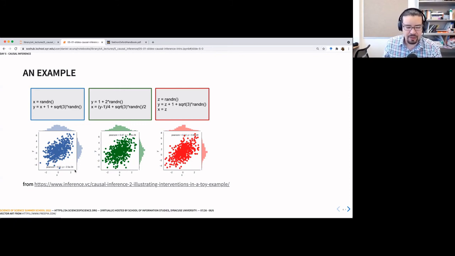So if you have a data set of a thermometer and the weather, you cannot infer these things. Here we have 3 examples of data, and this is Python code, so that's nice, of data that was generated by a process.